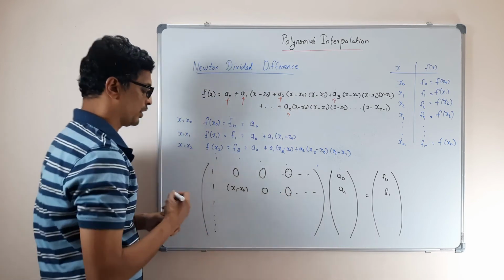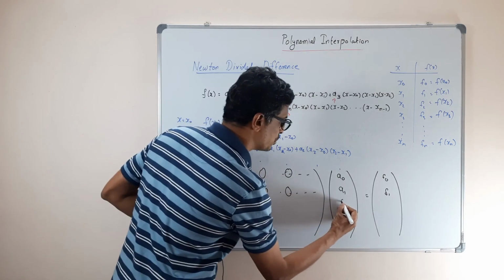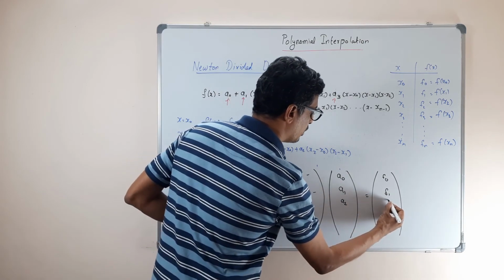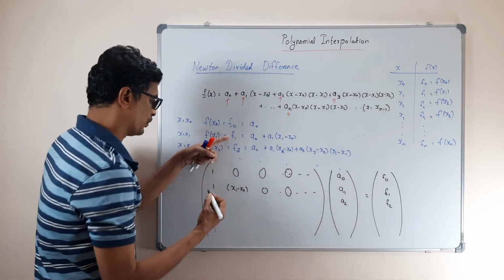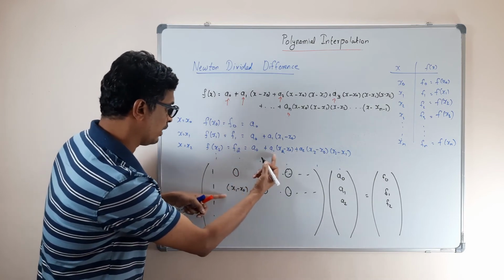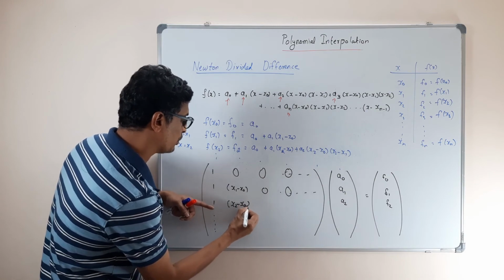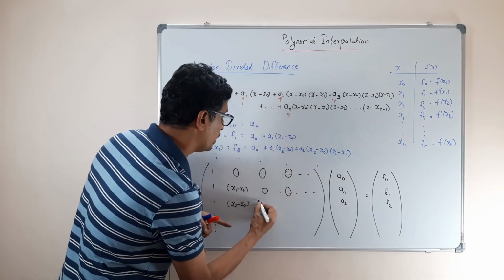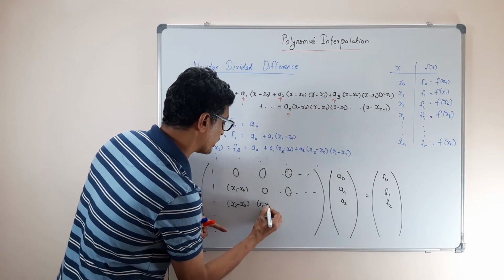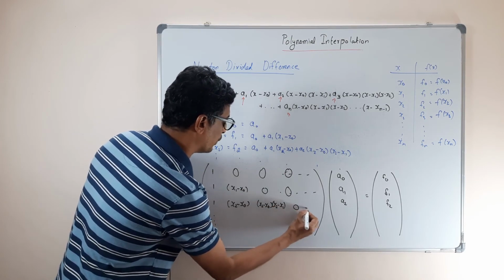And let's go for the third row, that is a2, and this will be our f2. Of course, it will have the a0 term, then the a1 term will be x2 minus x0, and the a2 term will be x2 minus x0 into x2 minus x1, and then zeros.